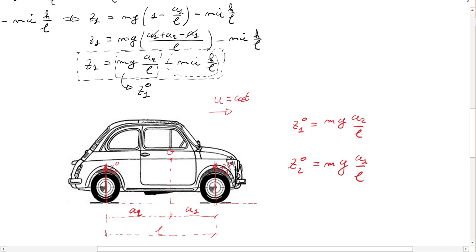Each of these forces is constant. It is directly proportional to the total mass of the car, the gravity acceleration, and A2 and A1 according to Z1 and Z2.